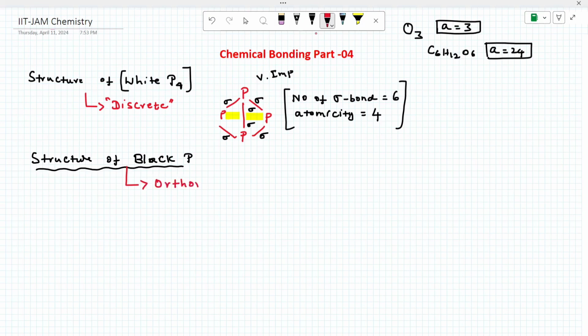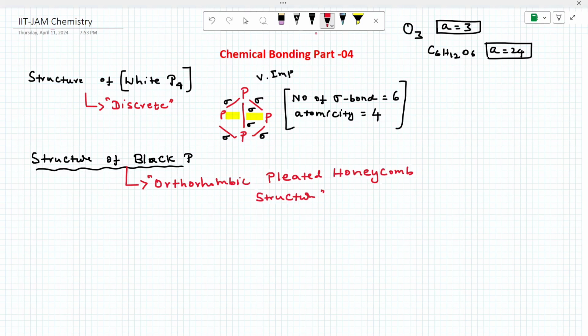Orthorhombic, platelet-like structure. It is an orthorhombic plated honeycomb structure, please note.